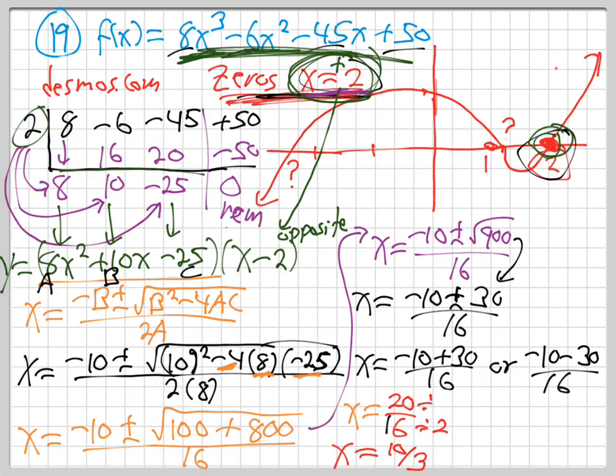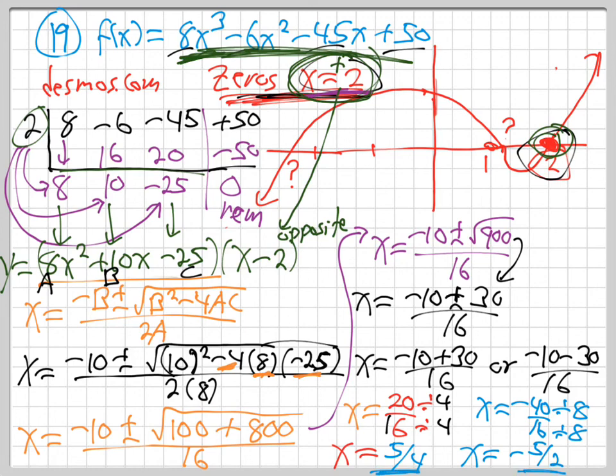So I should have divided by 4, top and bottom there. And I get 5/4. The other one, is that negative 40 over 16, divide by 8, top and bottom. Negative, what's that, 5/2. Those are the other two x values.